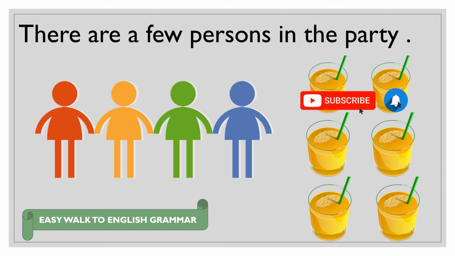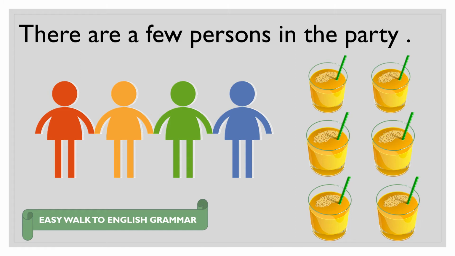We added the article a before few. What's the difference? Here we expected almost six people and four of them arrived. So it does not make much difference between our expectation and the number of people who attended the party.